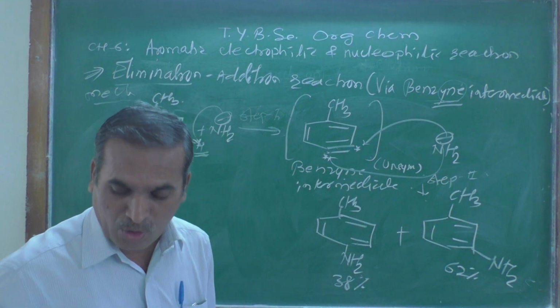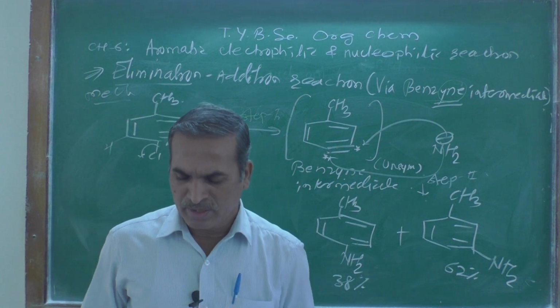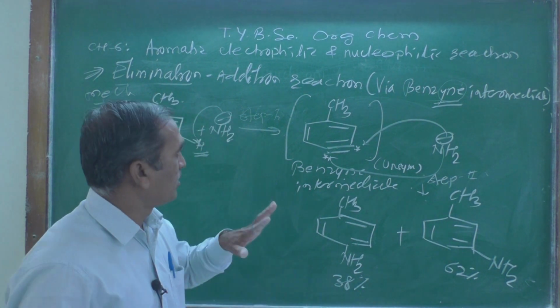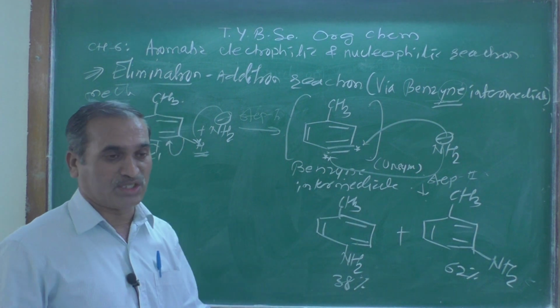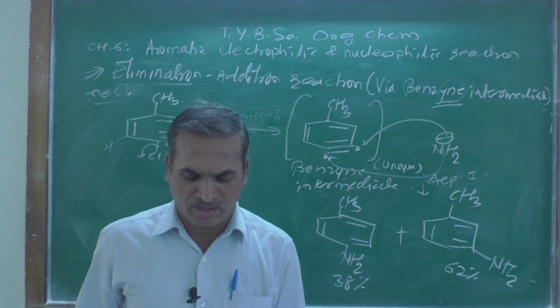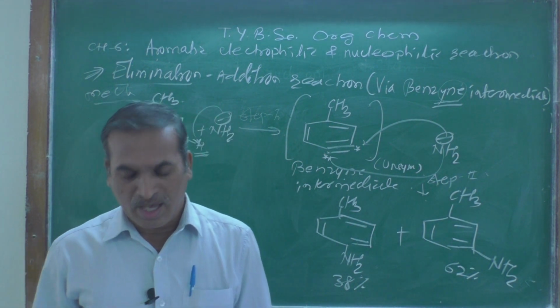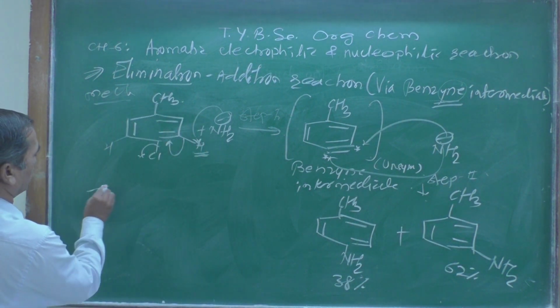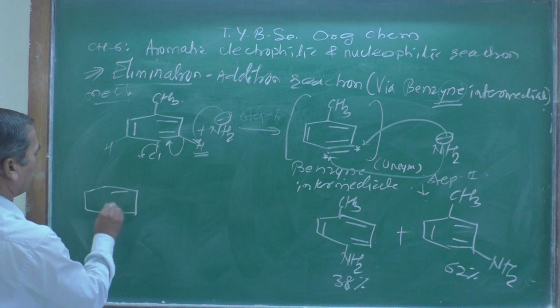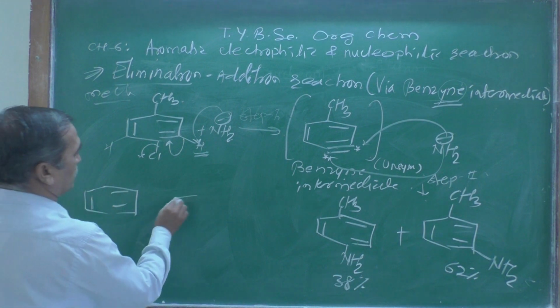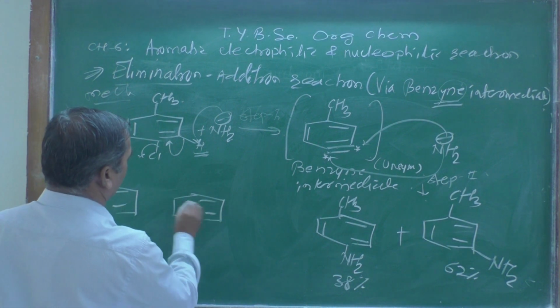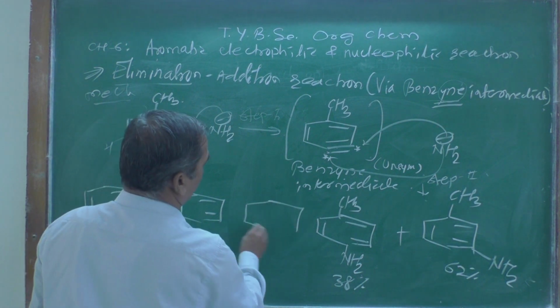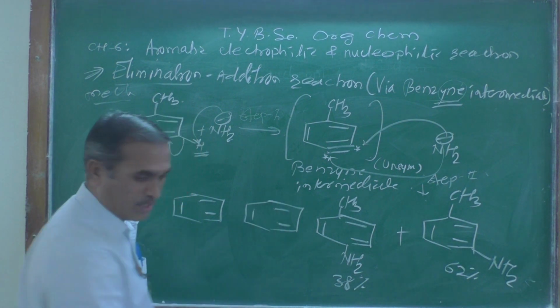Suppose, how do you confirm the presence of this benzyne intermediate, the support for the formation of the arene intermediate? Suppose you have a compound like this. Let me draw the compounds over here; I am writing three compounds.